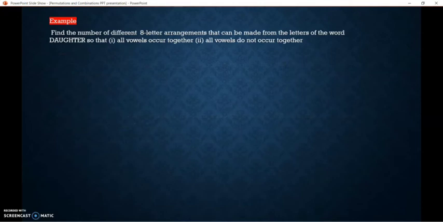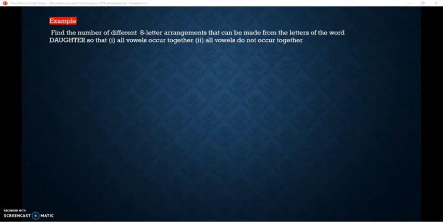Here, what we want to do is find the permutation of 8 different-lettered arrangements. Okay, right? The moment an arrangement of letters or digits comes in, it's without any doubt a permutation problem. So I want to find permutations of 8-letter arrangements, wherein I'm using the letters from the word daughter.